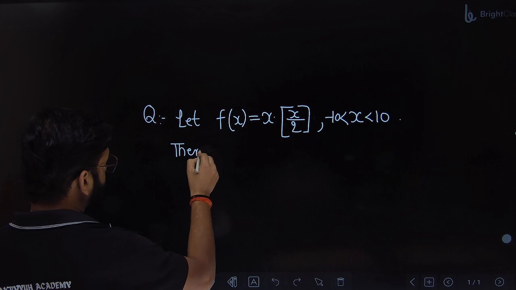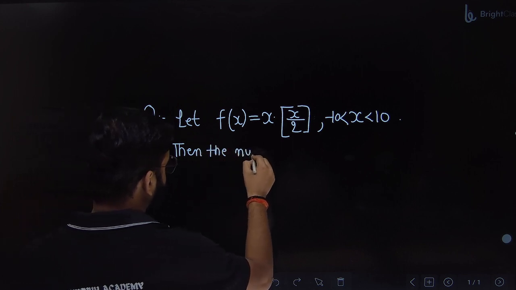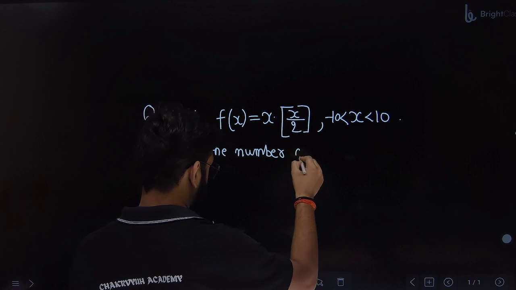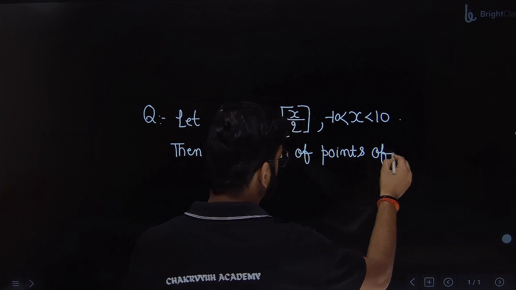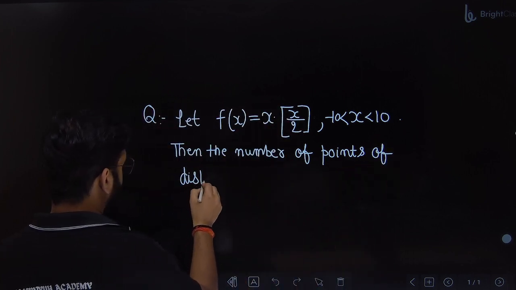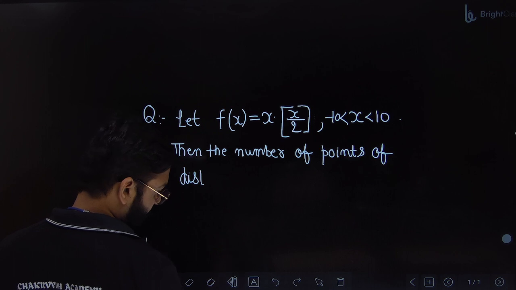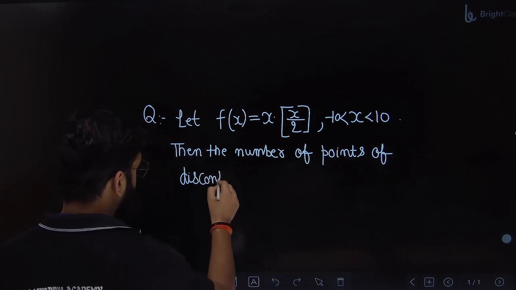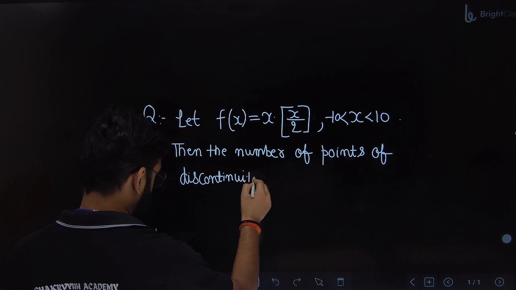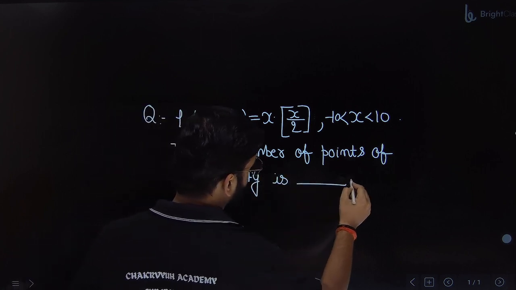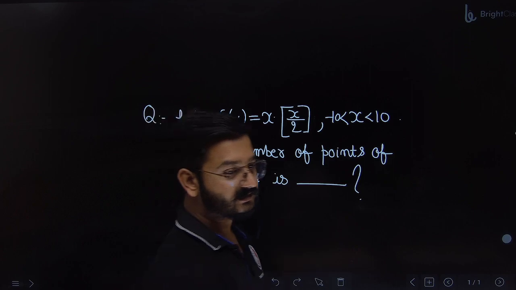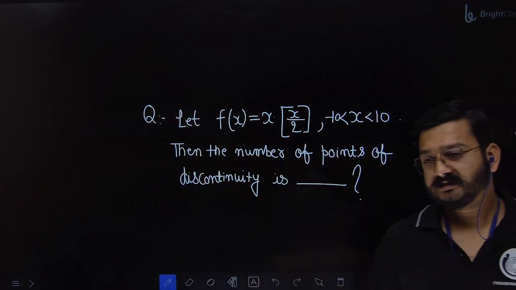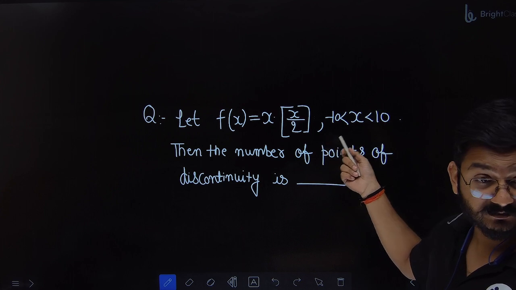Then the number of points of discontinuity is... The function is x into greatest integer of x by 2, where x is between -10 to +10. -10 and +10 are not included.